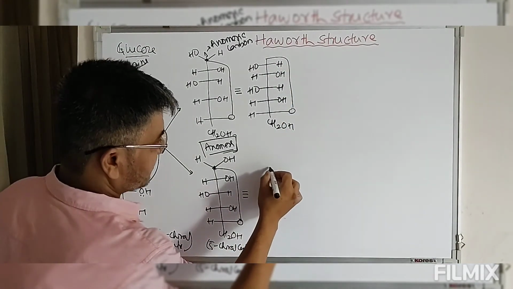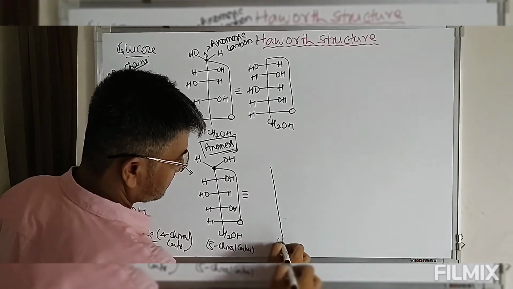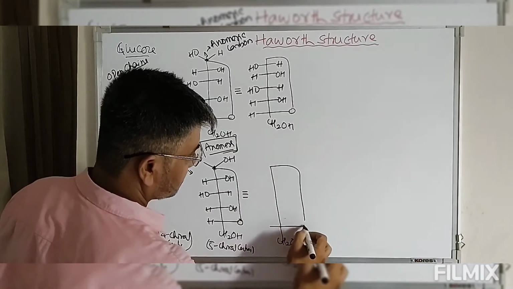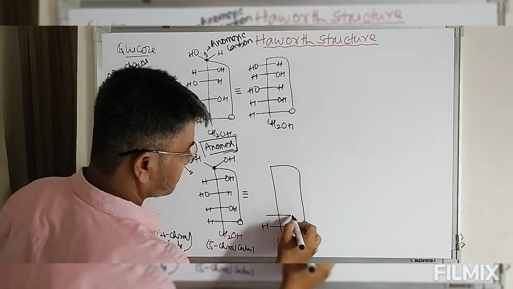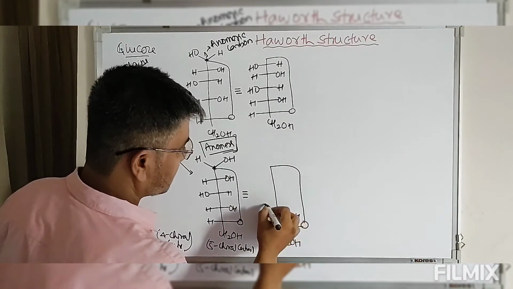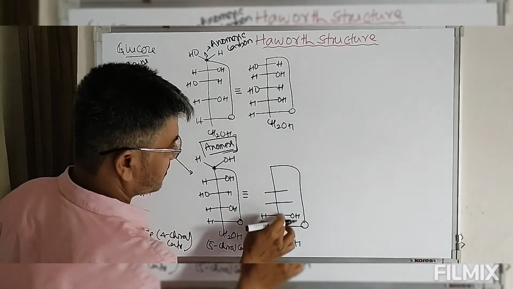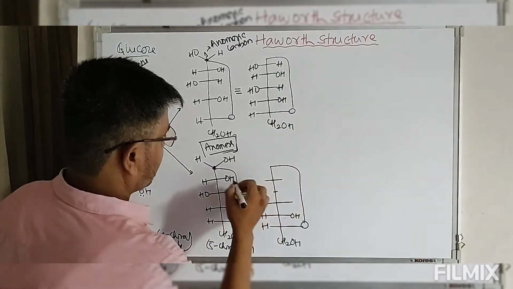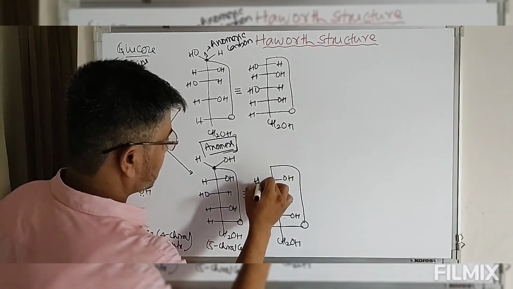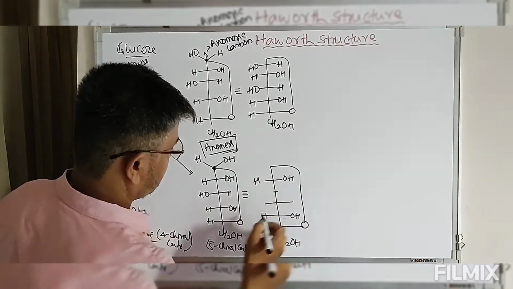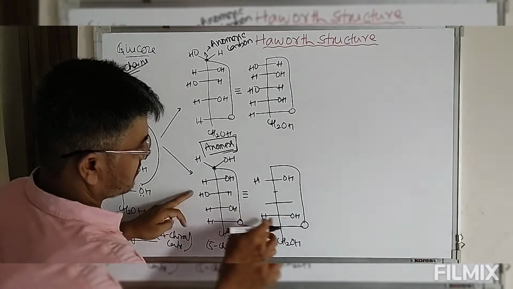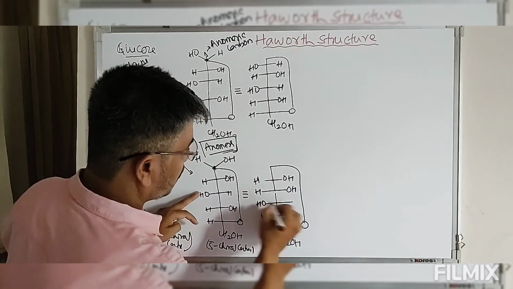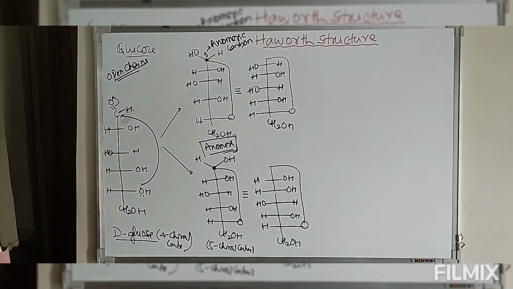This can be written in this way: CH2OH, OH, H, OH, H, OH, H, OH, H. This is now this.